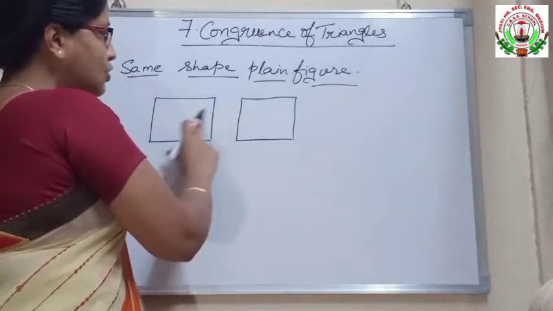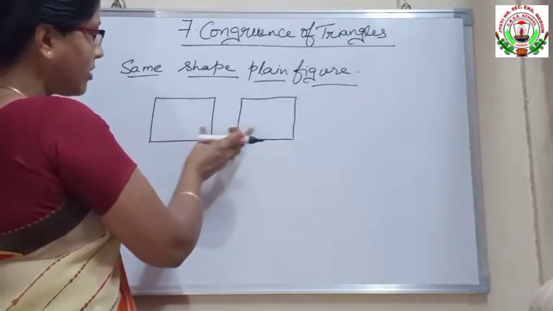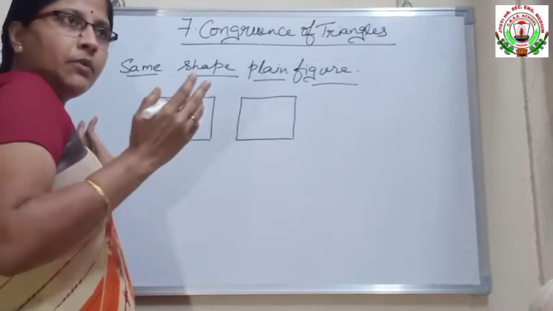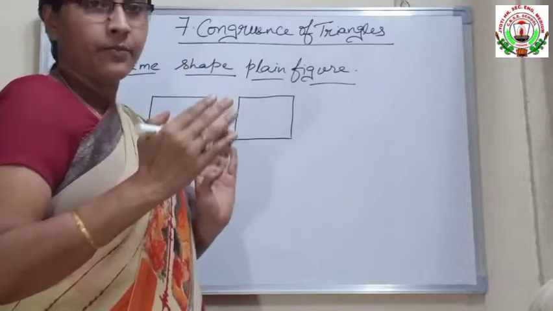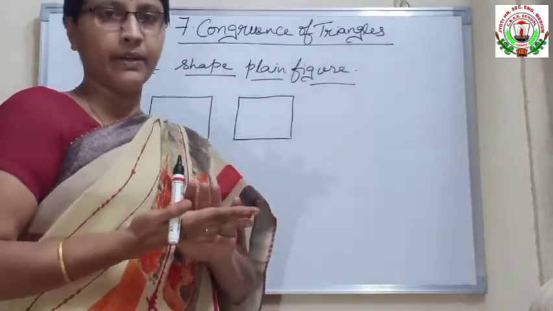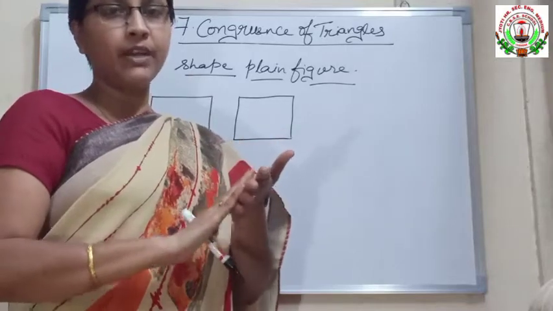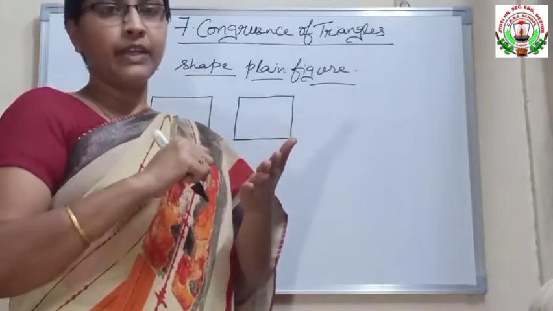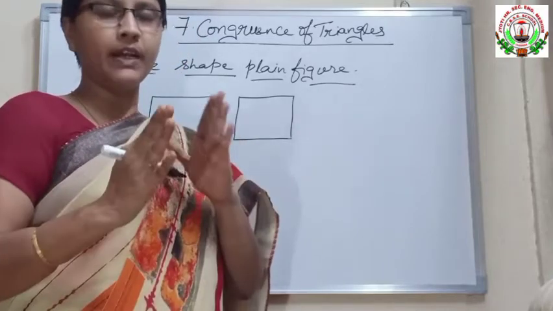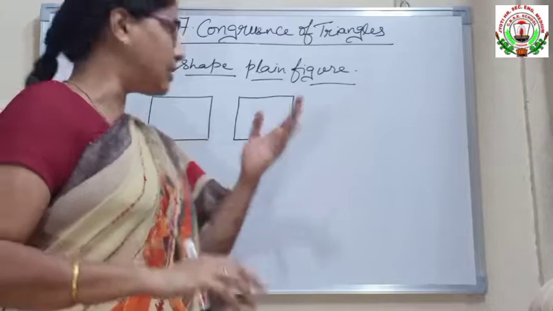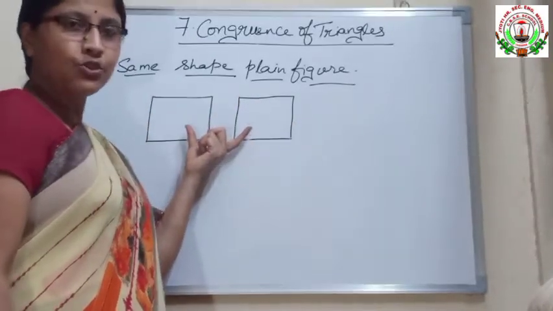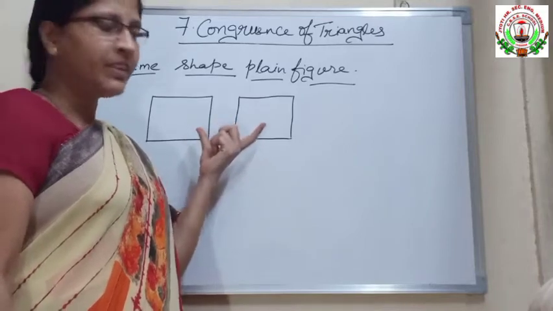We can see these two are identical. Mine is one big or small maybe, but when you do tracing of any figure to another paper, by keeping a trace paper in between, we trace the figure onto another paper. Those two figures are called congruent to each other. So same way, here these two plane figures, these two squares are congruent to each other.